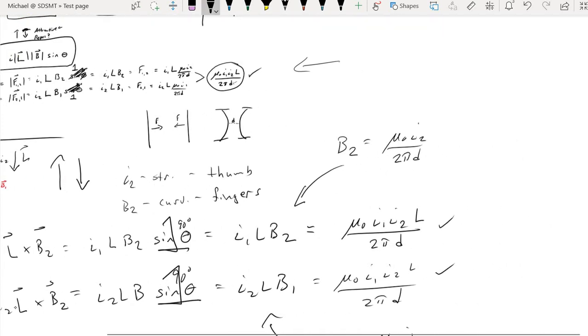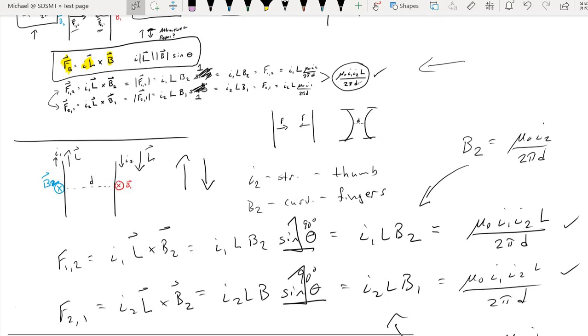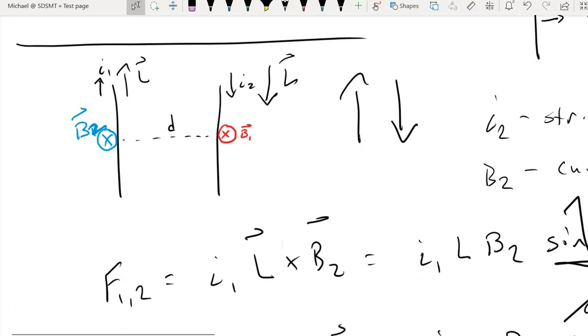Do we still have the equal and opposite relationship? So we don't quite know yet what direction the forces on these wires are pointing, so let's take a moment and figure that out. For F12, the first vector in the cross product is L. L is pointing up.